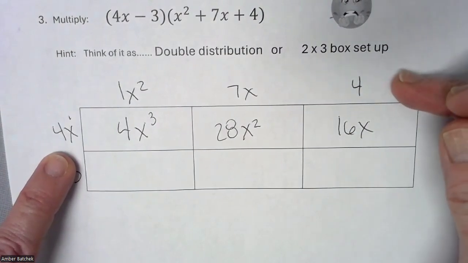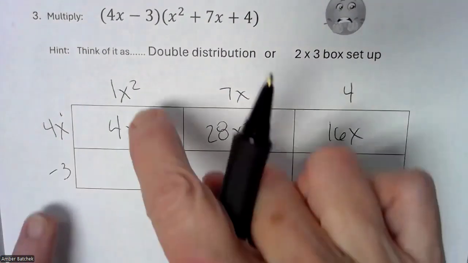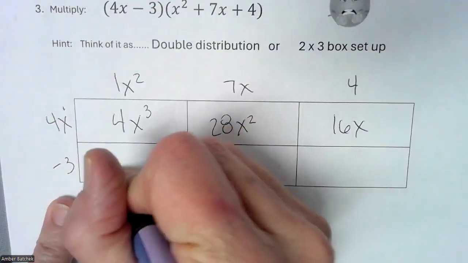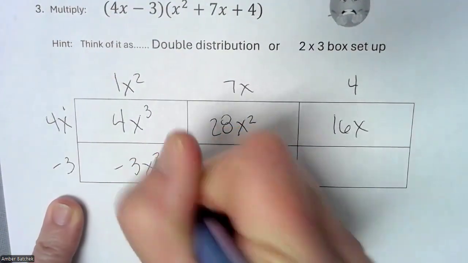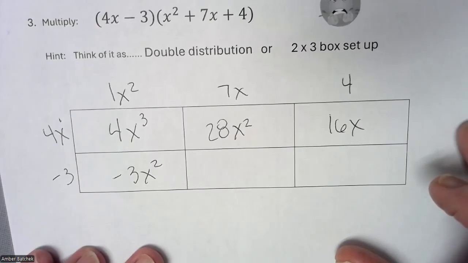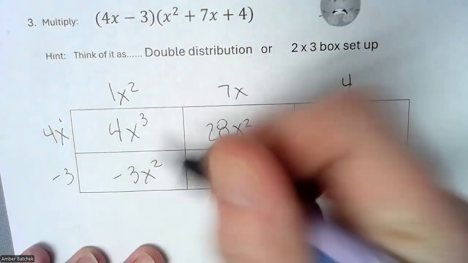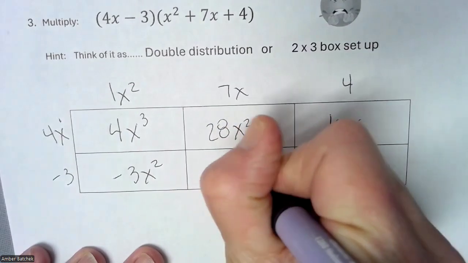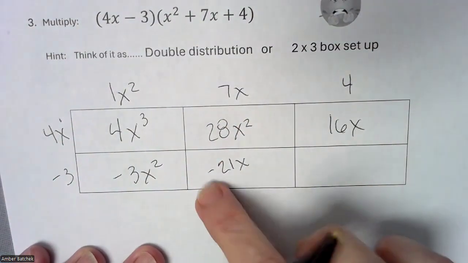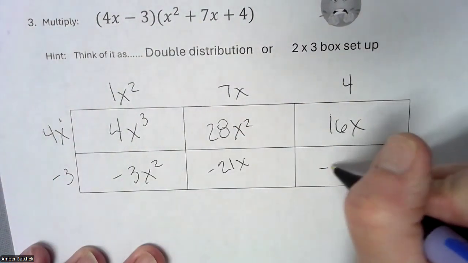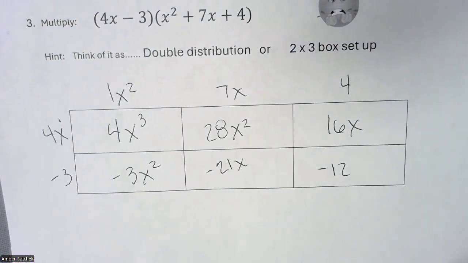So it just goes with the problem. Okay, let's go down here. 1x squared times negative 3 is negative 3x squared. Good there. Okay, 7x times negative 3 is negative 21x. Check your sign. And then negative 3 times 4 is negative 12. How'd we do filling in the boxes? Good. Okay, so now, again, y'all, this is really your answer, but we can clean some stuff up.